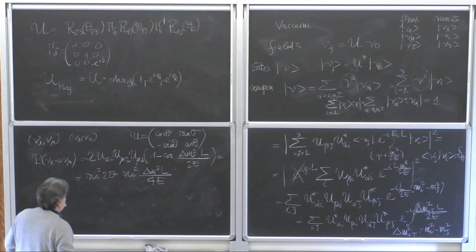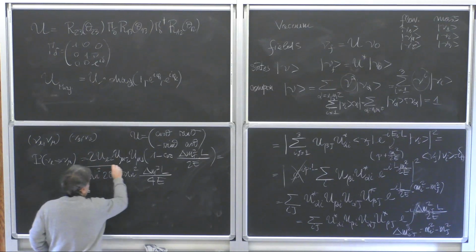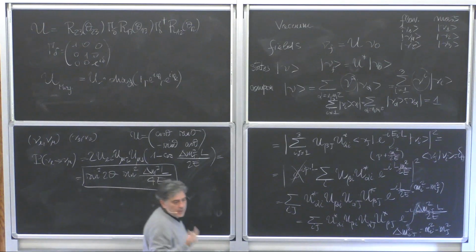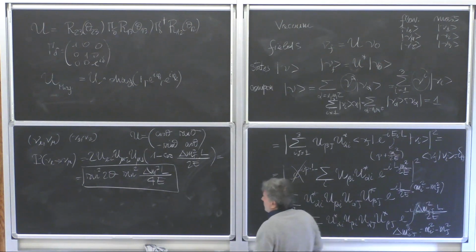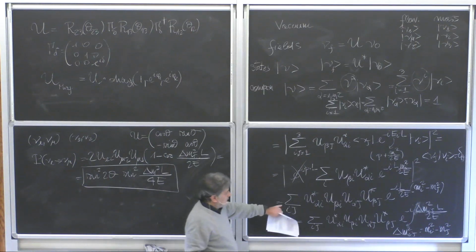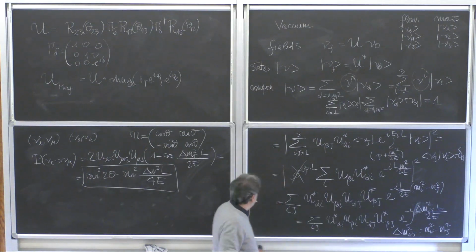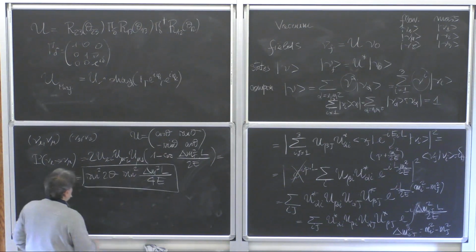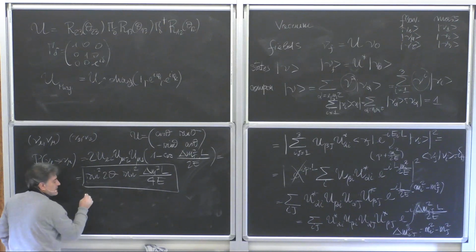So this is our final formula. The one formula that everyone remembers. Since we have no complex phase, this is simple to evaluate, and only one mixing angle. So this is just a number.